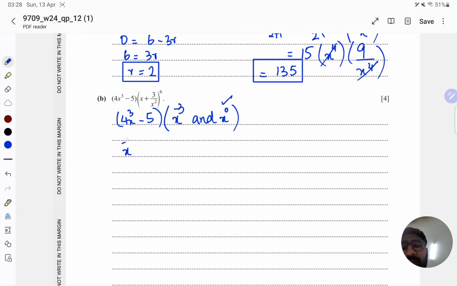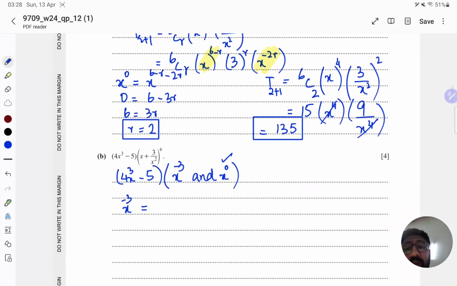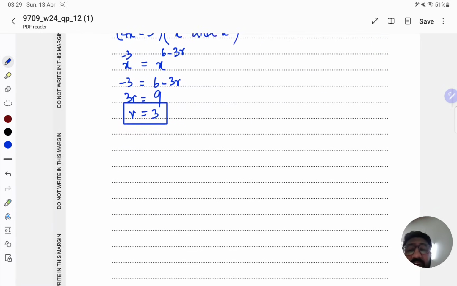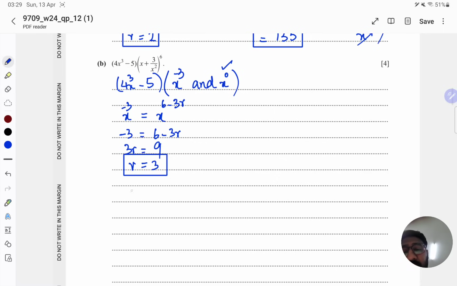So x power minus 3 will be equal to x power 6 minus 3r. So minus 3 will be equals to 6 minus 3r. So 3r will be equal to 9 and the value of r will be 3. So if I substitute that value of r in the formula, it will be 3 plus 1.